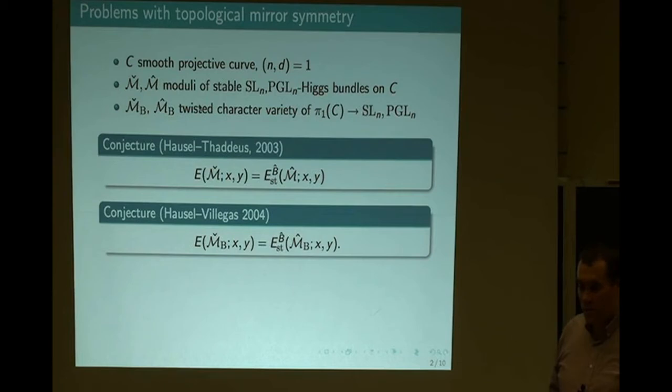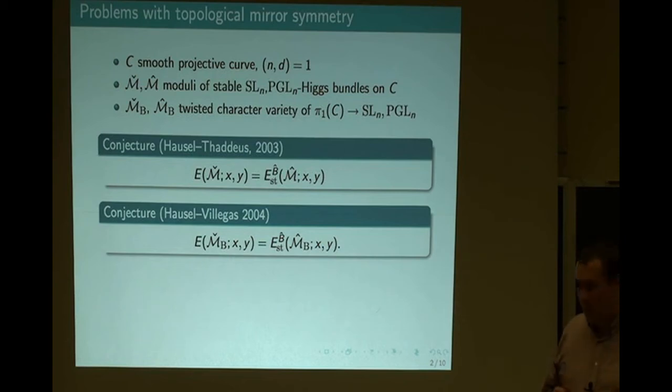We took its Serre polynomial, and then we found that when n was a prime by arithmetic calculations, we managed to show that it was the same as the stringy Serre polynomial of the PGL_n character variety, which was an orbifold.